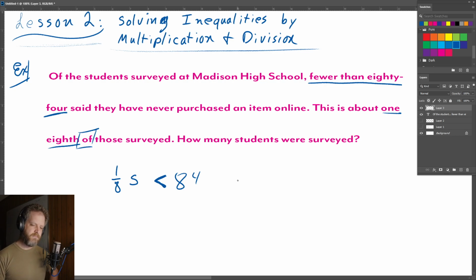Multiply everything times the reciprocal of 1/8. Absolutely. That's exactly what we're going to do. We're going to multiply 8 over 1 on both sides.